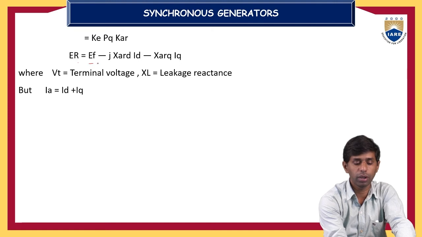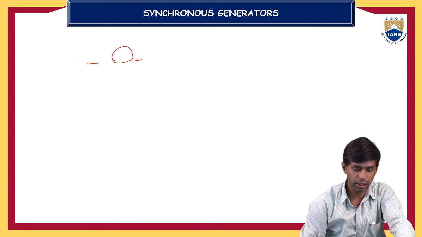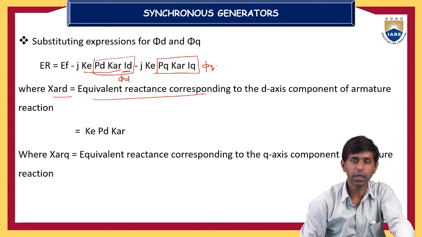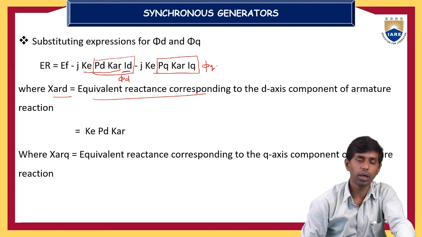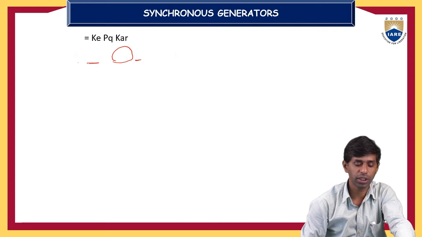So the resultant induced EMF is equal to the excitation EMF minus j times XARD into ID, where XARD is the equivalent reactance corresponding to the D axis component of armature reaction. Similarly, XARQ is the equivalent reactance corresponding to the Q axis component of armature reaction.